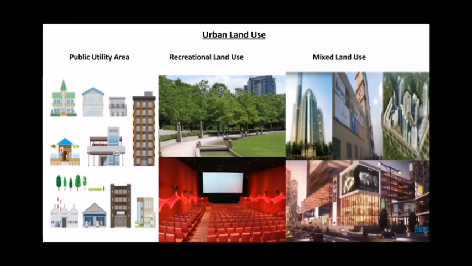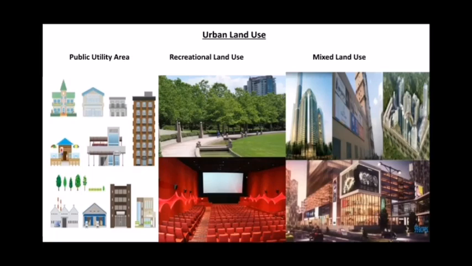Now, children, under urban land use itself, we have public utility area. Now, what is this? For the various needs of the population living in the urban areas, there are some services that are provided by the local government.